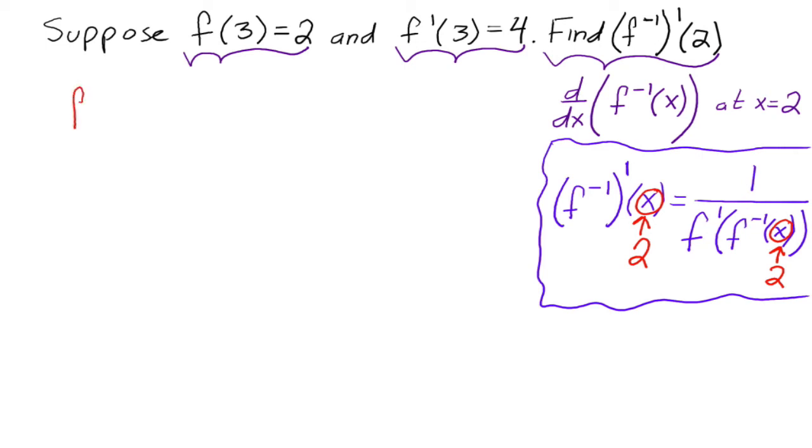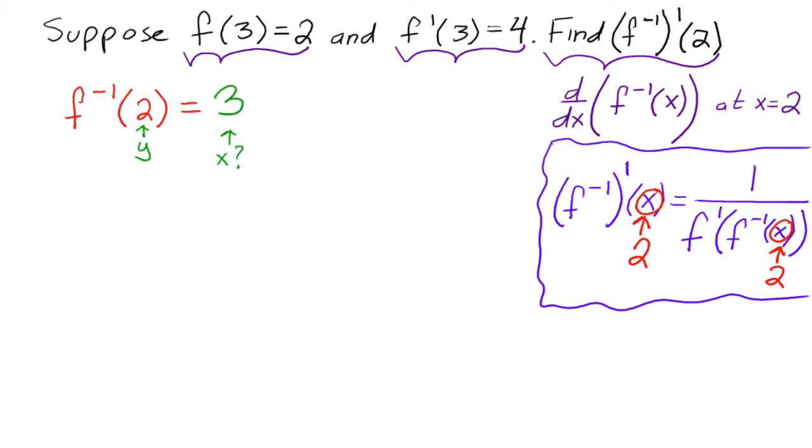I need to find first f inverse of x, which in this case is 2. So f inverse of 2, what this is saying is that when y is equal to 2, what's x? You go back to your information, and when y is equal to 2, x is equal to 3.